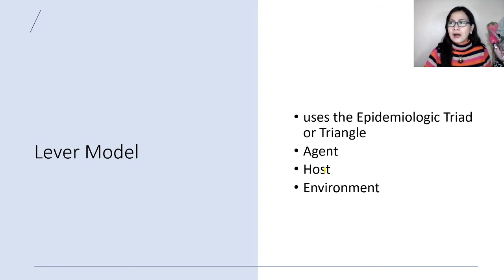Okay, so again, let's take note that in the lever model, there is an interaction between the agent, host, and environment. So again, I will repeat that in the environment, there must be a balance between the agent and the host.